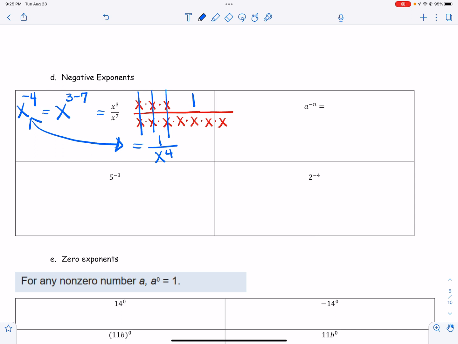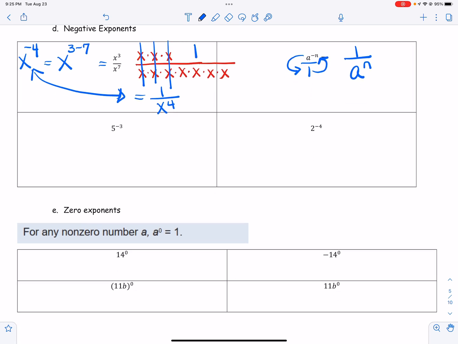So I like to think of it as a reciprocal. If it's a negative exponent, it's going to move downstairs, and this is going to move upstairs. So that becomes 1 over a to the positive n power.